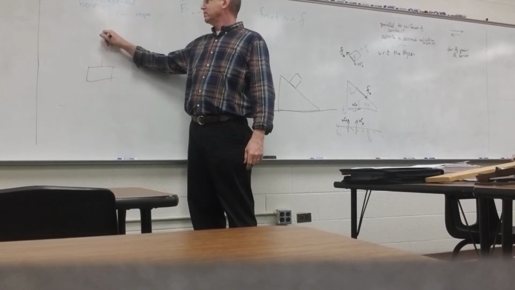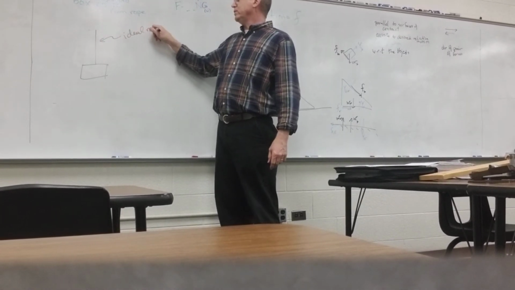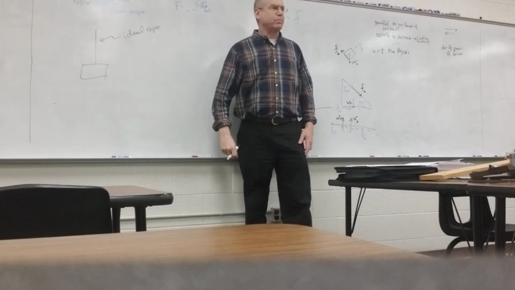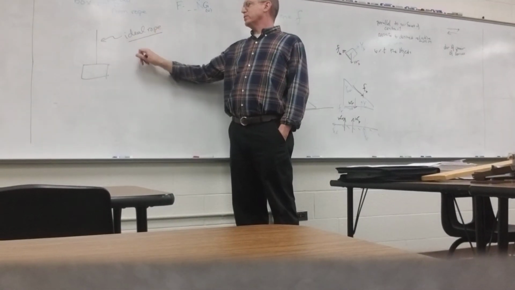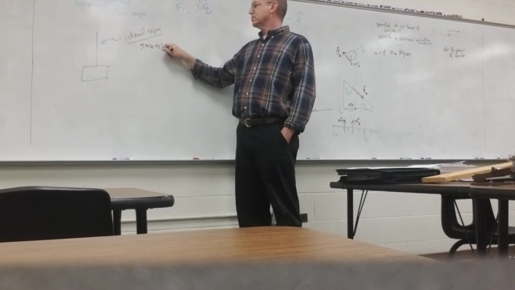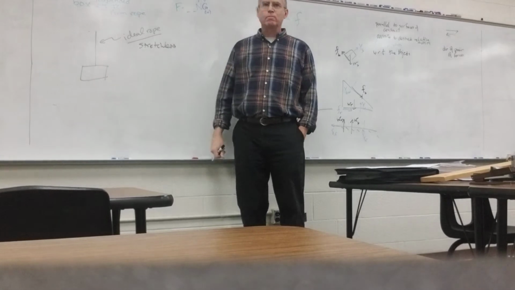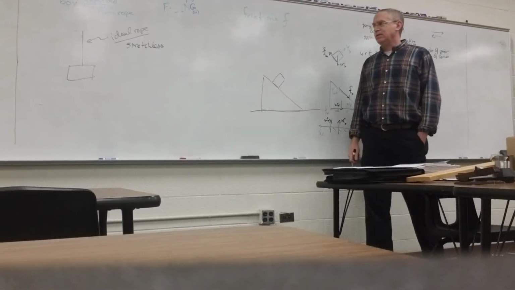And then a rope. Now this is an ideal rope. And we will deal with an ideal rope for quite a few chapters. At some point we'll take some of the ideal away. But the ideal rope has three major characteristics. One, it is stretchless. We're not going to have one part of the rope moving while another part is not.